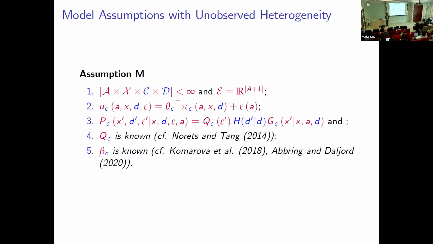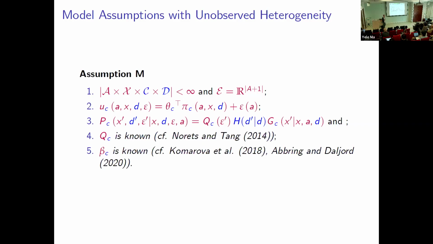And to have unobserved heterogeneity, I'm denoting this by C and D. So C is going to be the time invariant type, and D is going to be the time varying type. And C and D are going to be finite. They have finite support. So you see that they enter the payoff function in a fairly general way. So there's interactions that we allow for C and D. And then in terms of how this enters the transition probabilities, we assume that the time varying types would only enter as an exogenous Markov process.